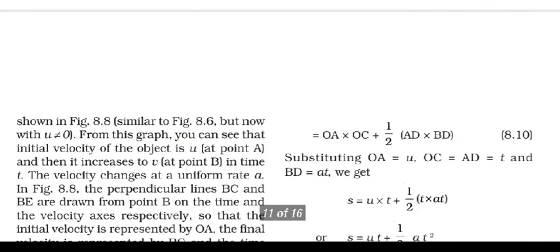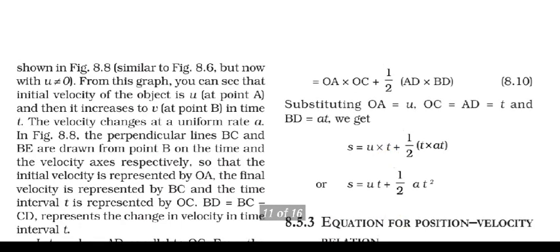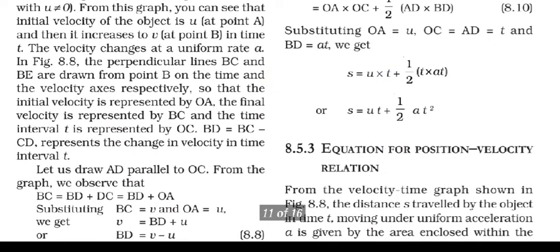Now we know how to find the area of a rectangle: it is length into breadth. Here OA is the length and OC is the breadth. The area of a triangle is half into base into height, and that will be the same here.